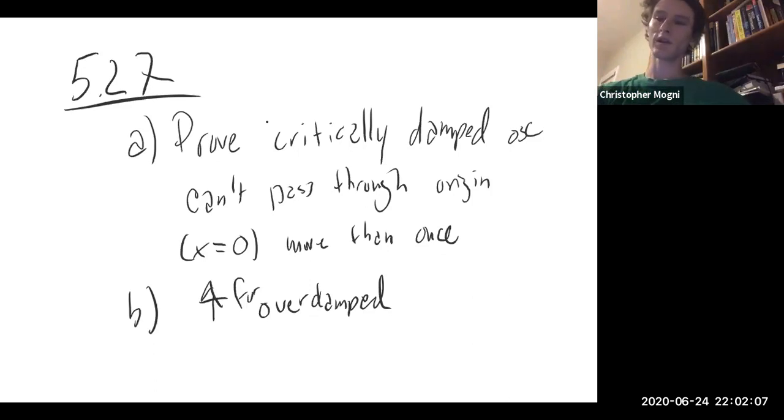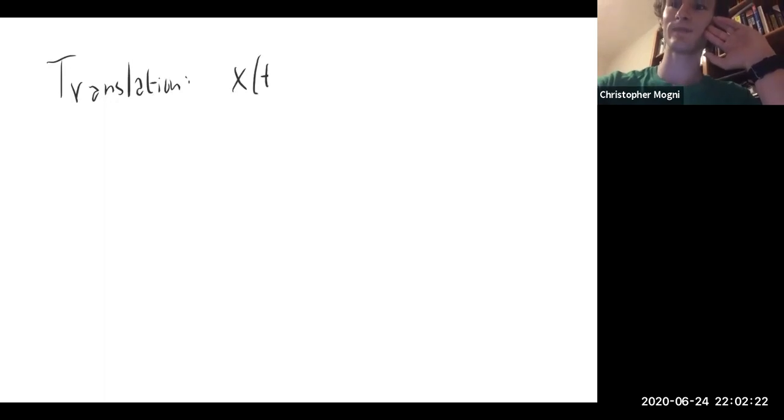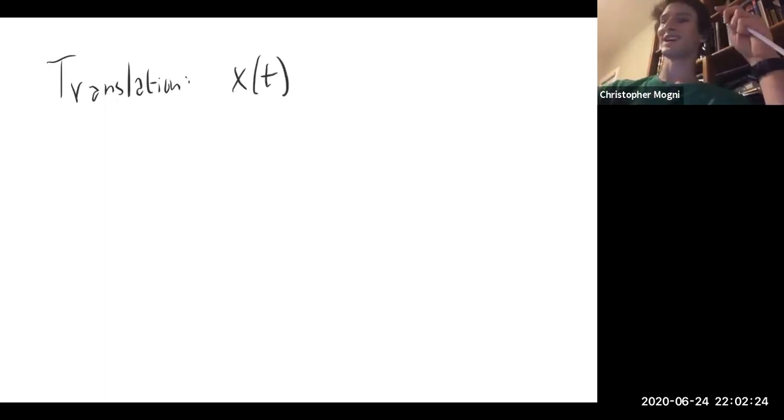Cool. So I'll give a little bit of a review and a translation of what this problem is actually asking. In very simple terms, x is a function of t. At various times, x is going to take on different values.